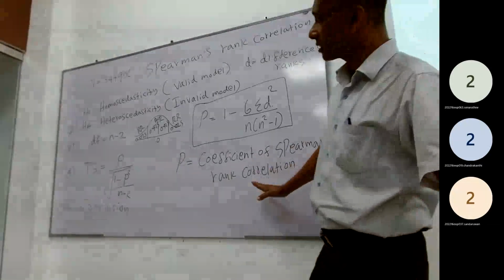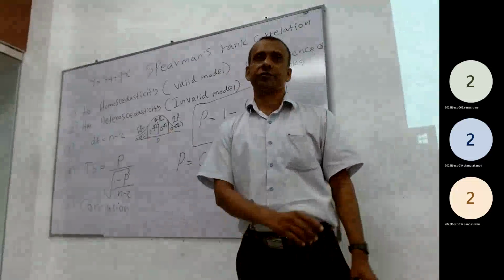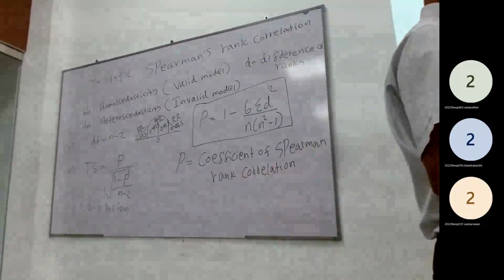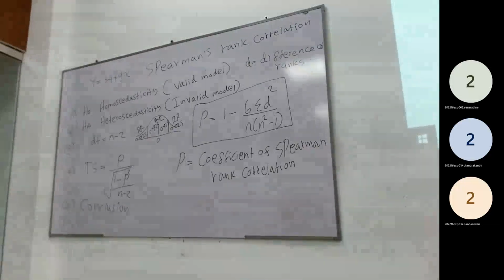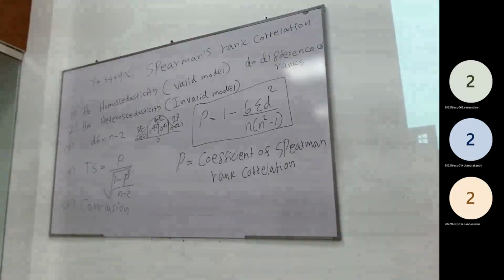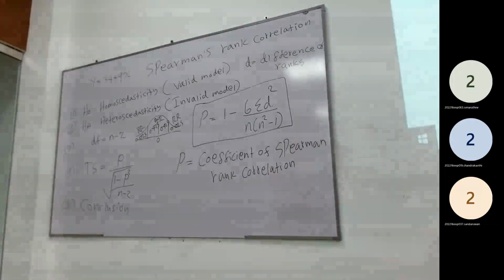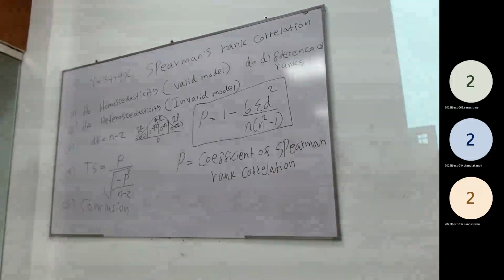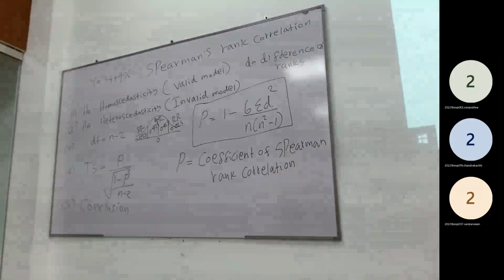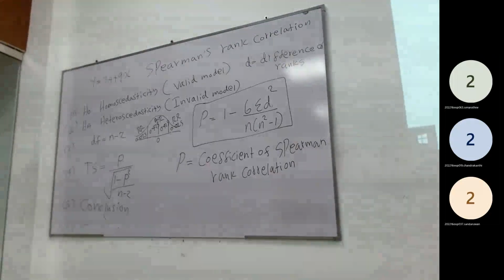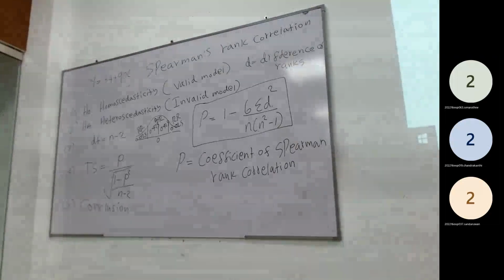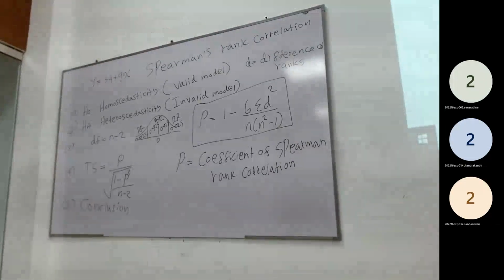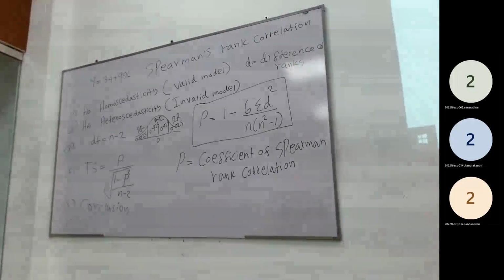If the test statistic belongs to the rejection region, H0 is rejected. Sufficient evidence is there to reject H0.